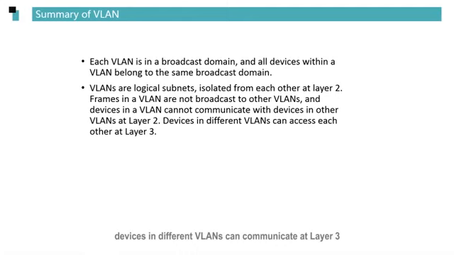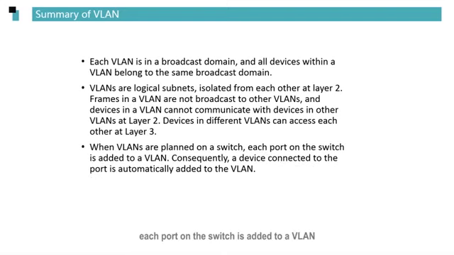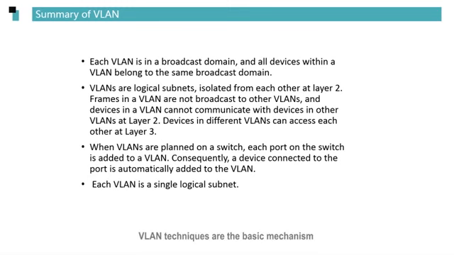However, devices in different VLANs can communicate at layer 3. When VLANs are planned on the switch, each port on the switch is added to a VLAN. Any device that connects to the port is automatically added to the VLAN. Each VLAN is a single logical subnet.